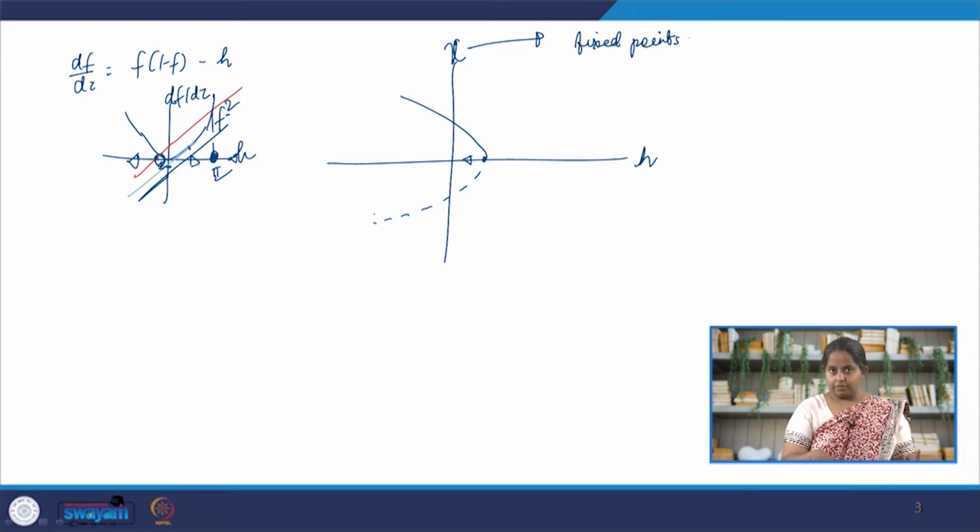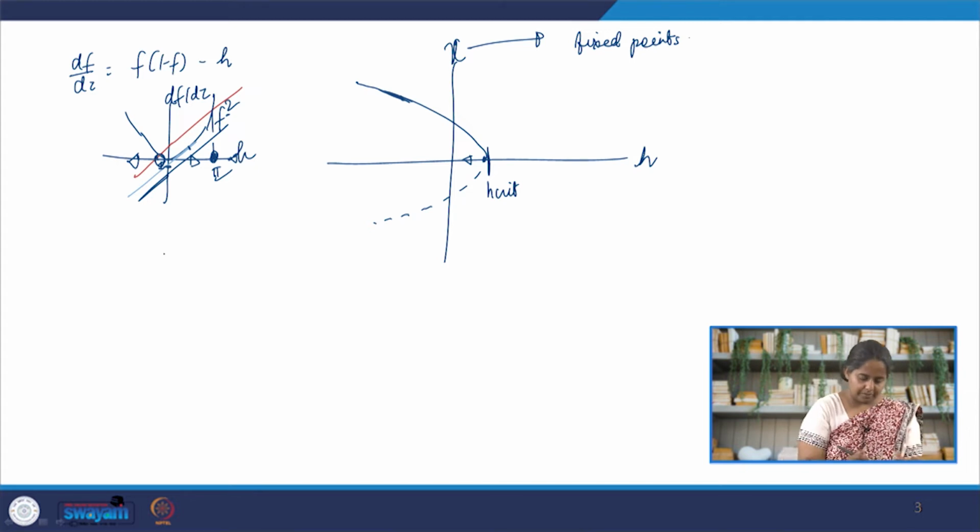Now, how do we interpret it? First, let us find out the value of h critical. To find the value of h critical, we need to meet two conditions. First, that the line and the curve should be tangential to each other. They should intersect each other at exactly one point and their slopes should be same.